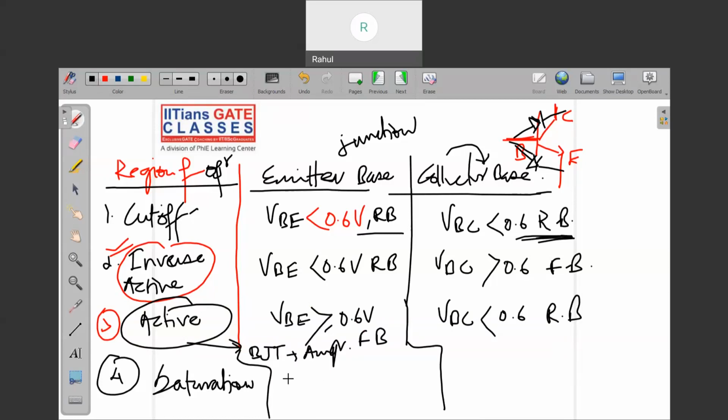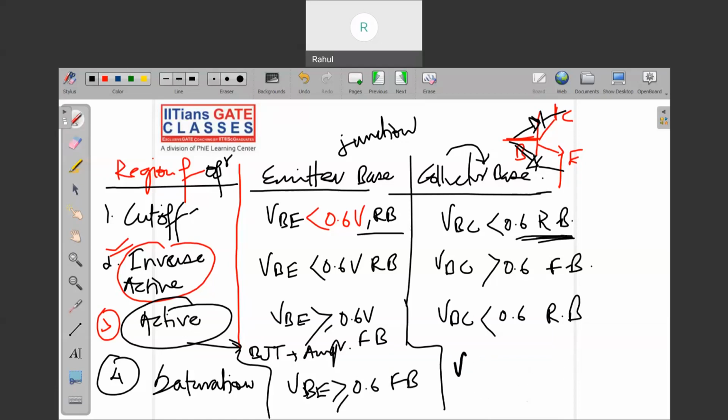So here the condition is if VBE is greater than or equal to 0.6, it is in forward bias, and if VBC is also forward biased, that is the case of saturation.